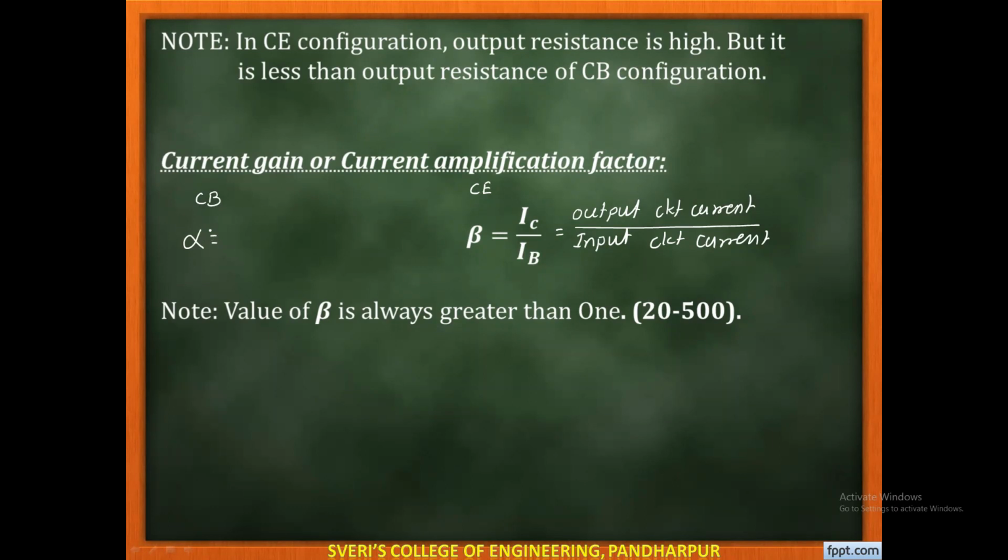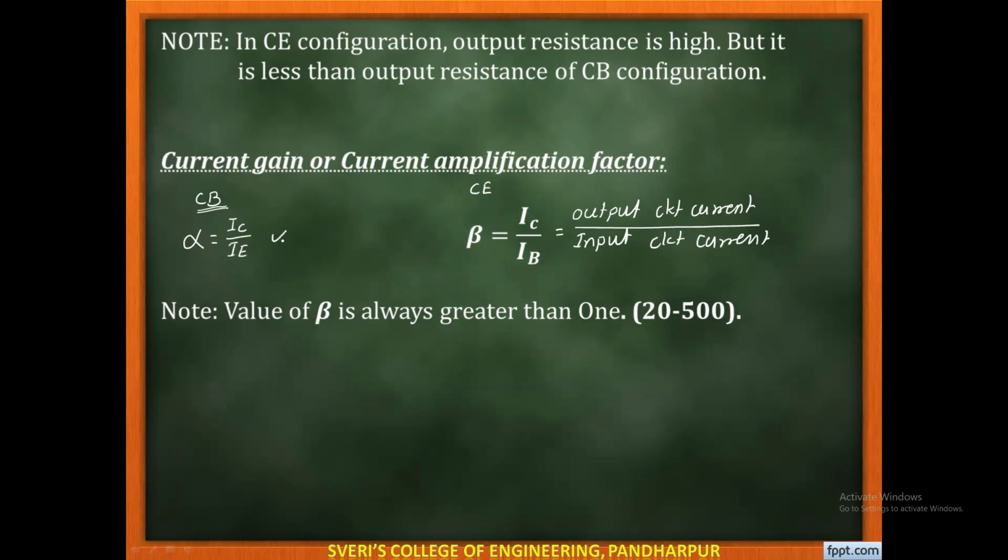Get it, my point? Now in the common base configuration, how to remember that? In the common base configuration, the base current is common, so it will not come in the output circuit current or input circuit current. So the output circuit current is IC, and the input circuit current is IE.